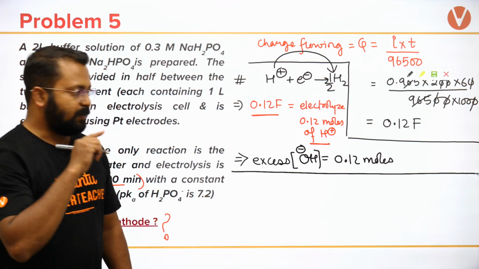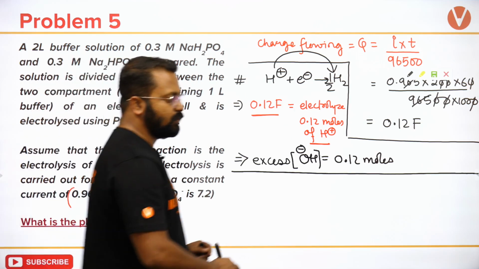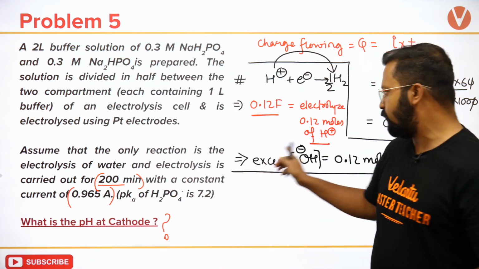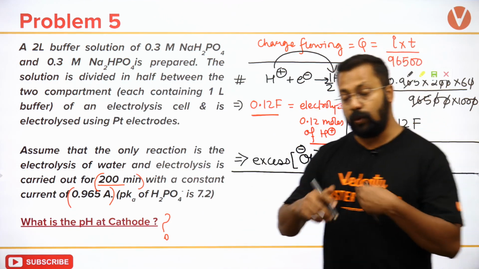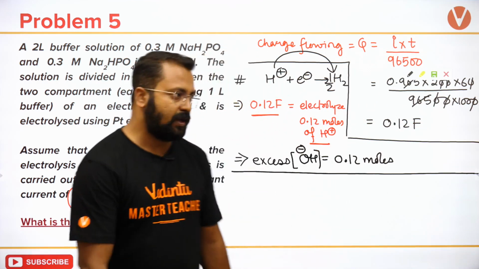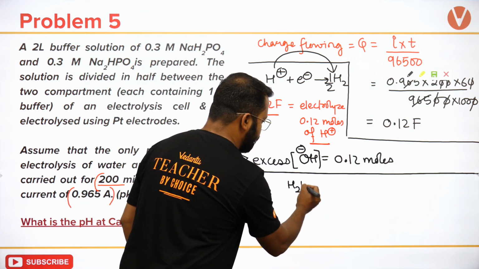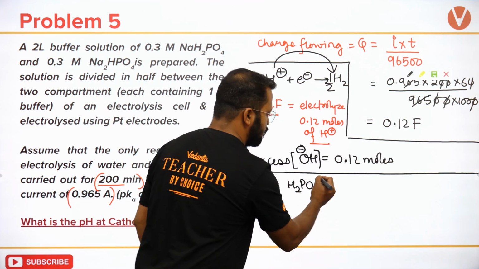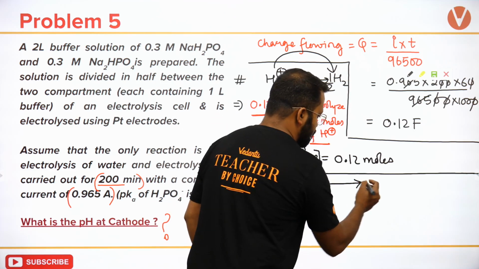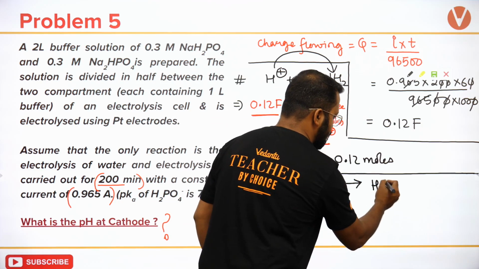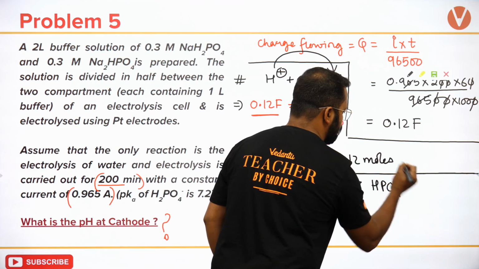In the third stage of the question, I will write a reaction. What will this 0.12 moles of excess OH minus do? Let's look at this reaction. We have H2PO4 minus and HPO4 2 minus.